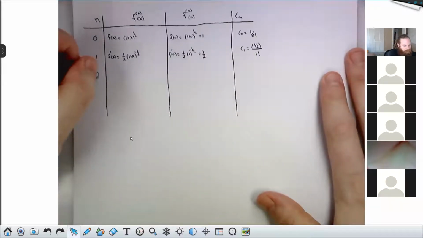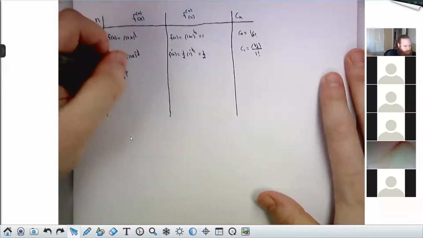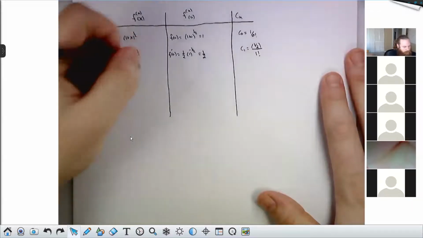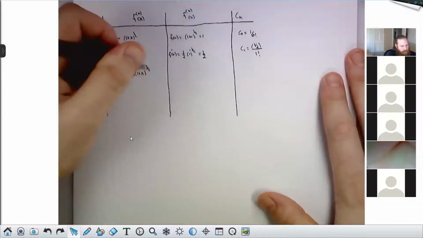If I differentiate again, f double primed is 1/2 times -1/2, this is a negative, times 1 plus x to the -3/2.